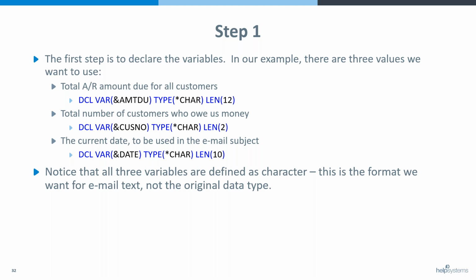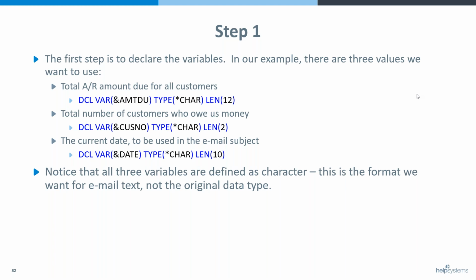So don't think about where the data is coming from. Think about what you want to do with the data. You want to generate a character string, and you want that string to be, like for the first one, the amount due 12 characters long. So we want a specific length, and we want to make sure that in this case, it's a character type.